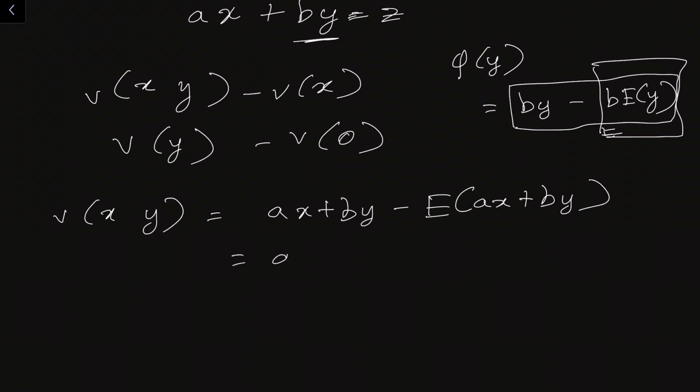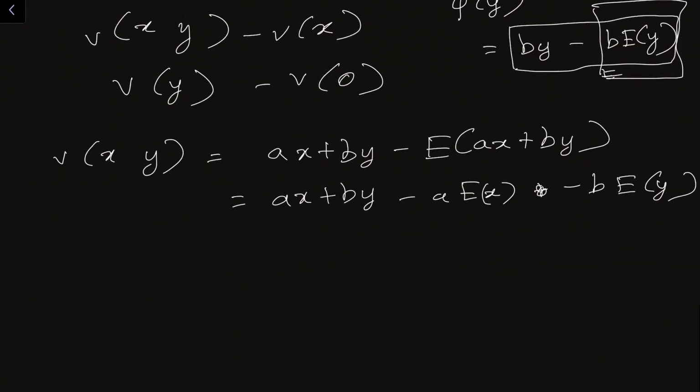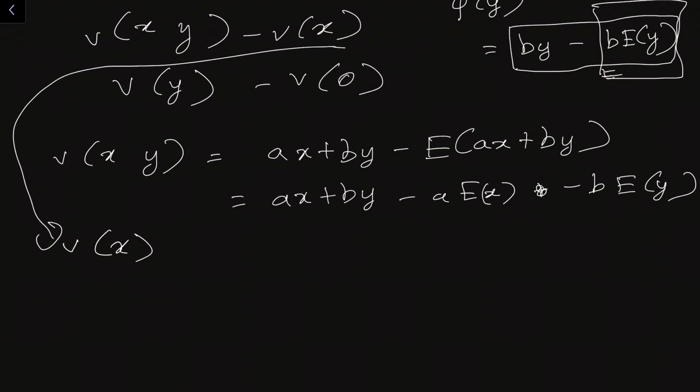That is nothing but ax plus by, let's say, minus a expected value of x, sorry, minus b expected value of y. Alright. So what is V of x here? Now this is coming here. What is this here now?